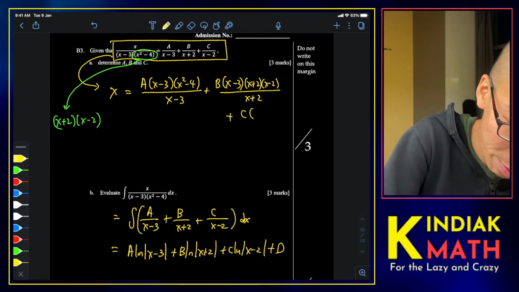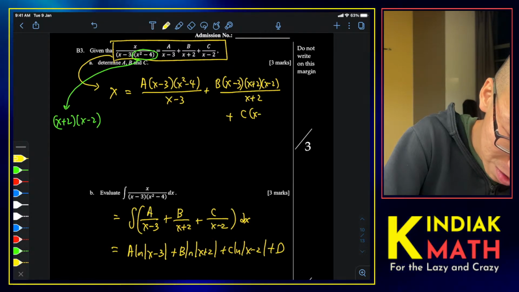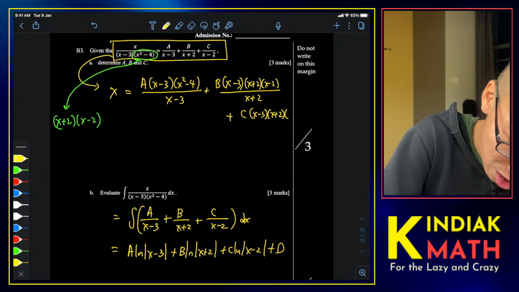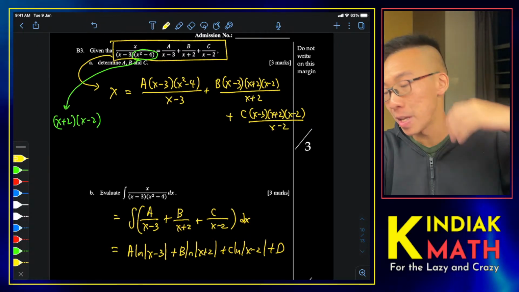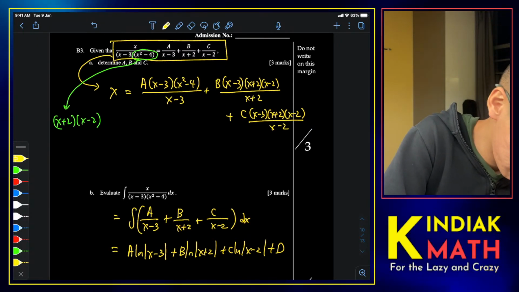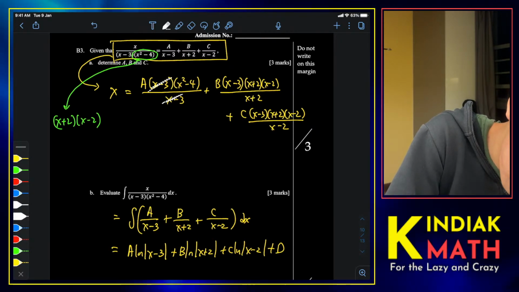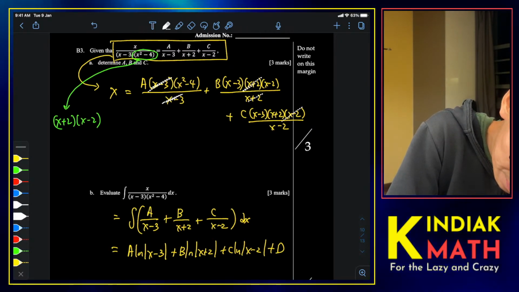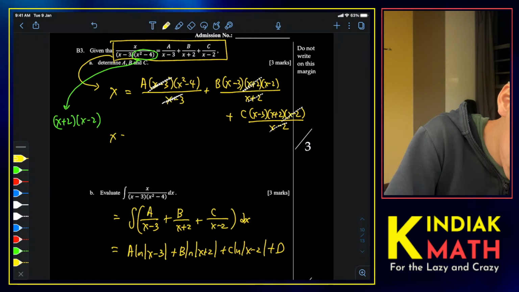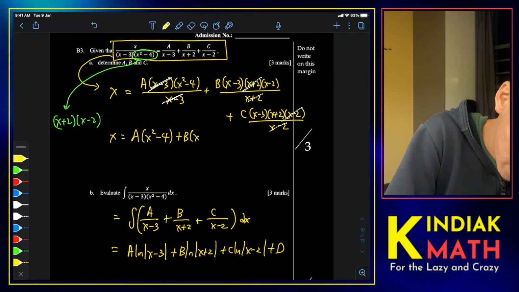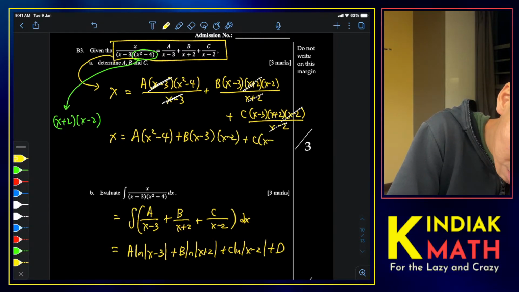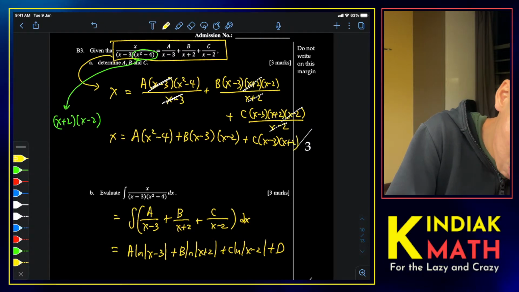Well, looks like I need a little bit of space. Alright, now based on this decomposition, a bunch of things would cancel each other out. And so we're left with x equals a times x squared minus 4, plus b times x minus 3 times x minus 2, plus c times x minus 3 times x plus 2.